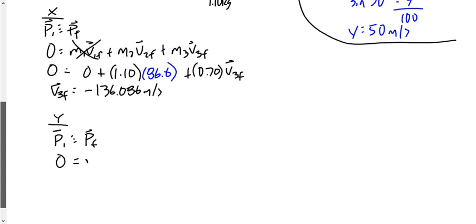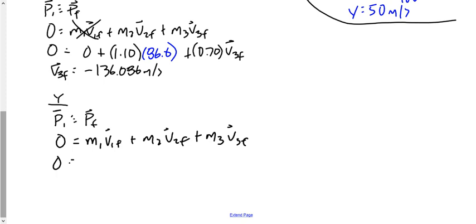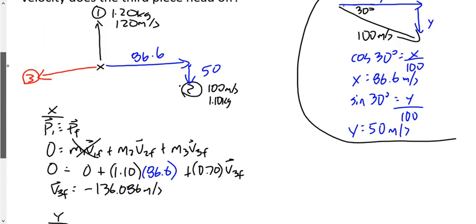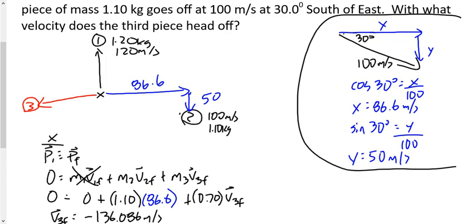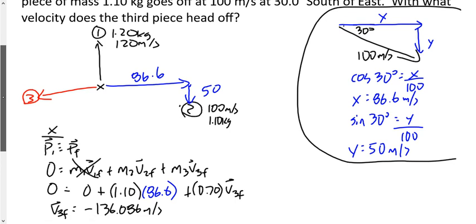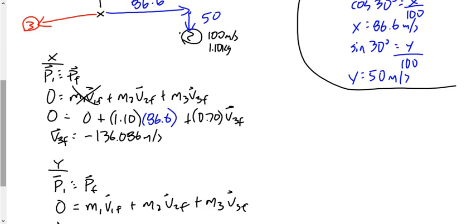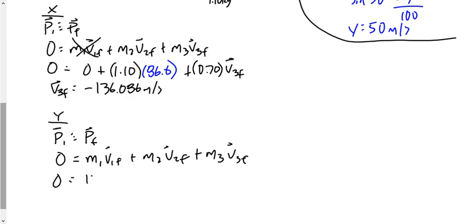It equals m1 v1f plus m2 v2f plus m3 v3f. What's v1f for the y-axis? 120. So 1.20 for the mass, 120 for the velocity.